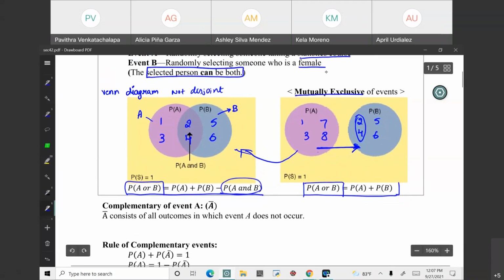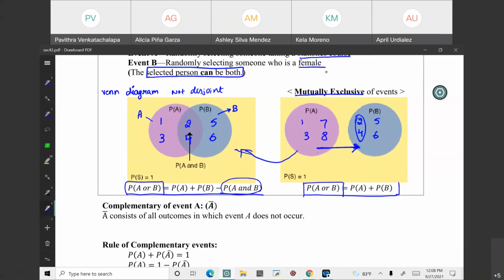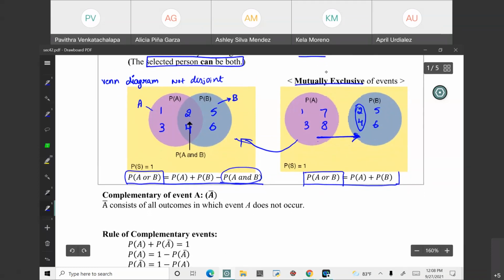Okay, you can easily denote here. When you cannot move the box, there is nothing common present in both the events, so I cannot have P of A and B. Now this can be a common. Okay.